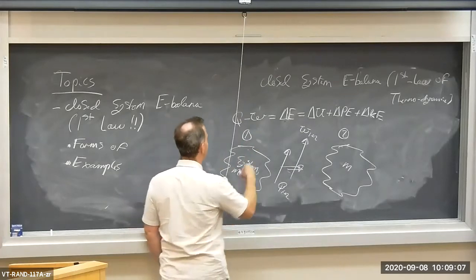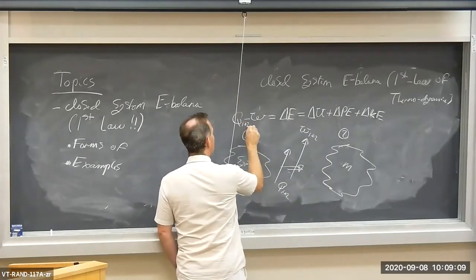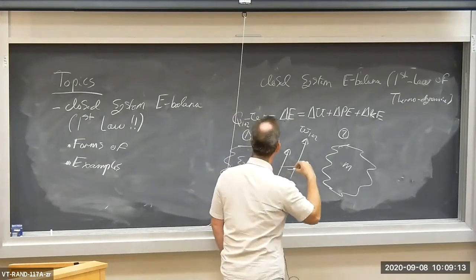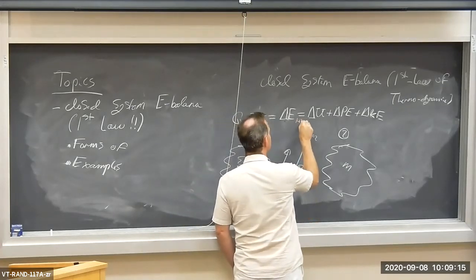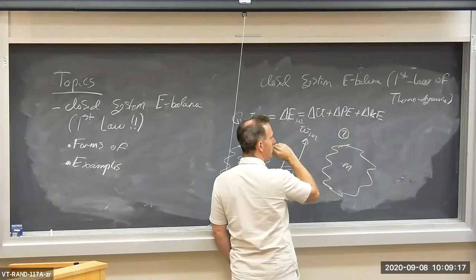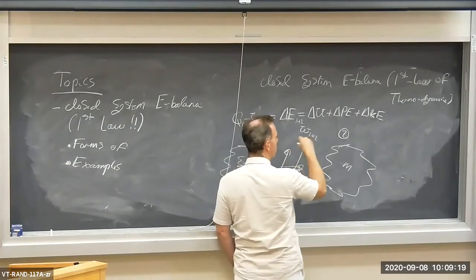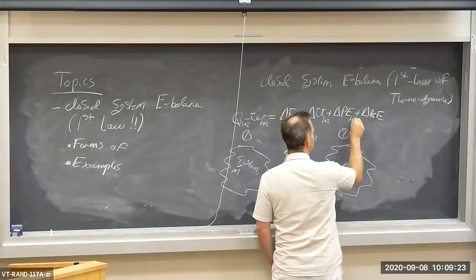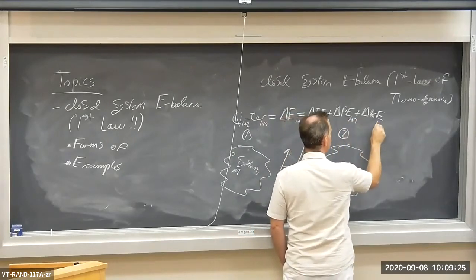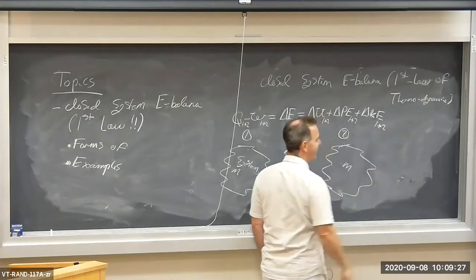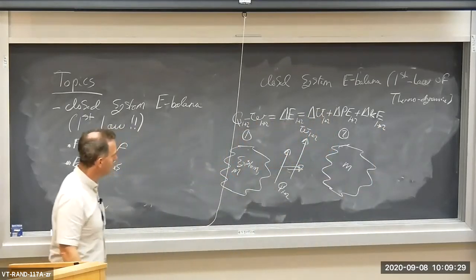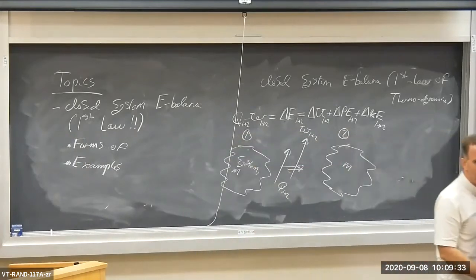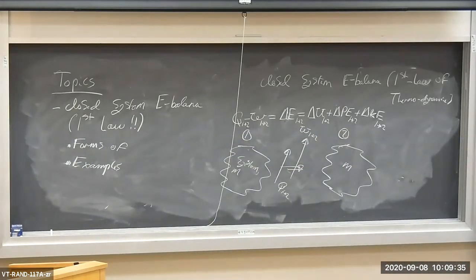So the energy balance for this system over the process will look like Q1 to 2 minus W1 to 2 is equal to the change in total energy from state 1 to state 2, which is the change in internal plus the change in potential plus the change in kinetic energy over the process. So that's the closed system energy balance applied to a system that moves between two states, state 1 and state 2.